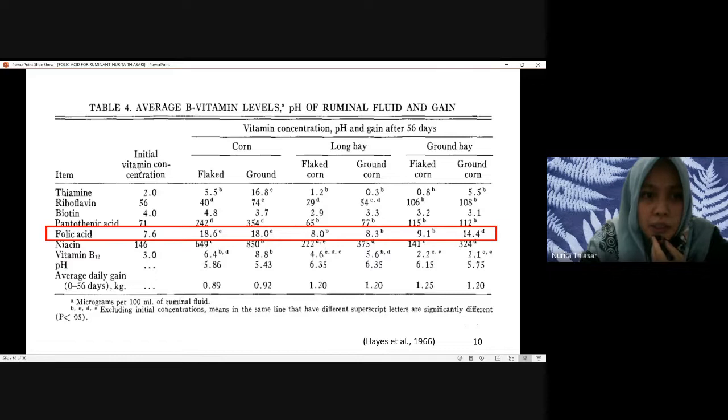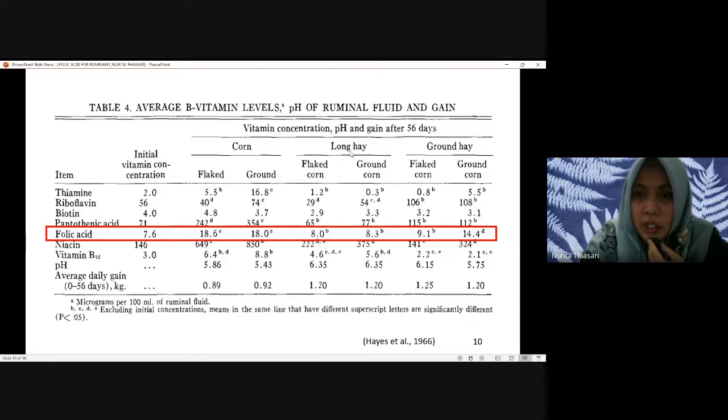We can see the initial vitamin concentration is around 7 for folic acid, but after they give the corn or the long hay in the rumen, we can see the flaked corn has a higher amount of folic acid compared with the initial one.